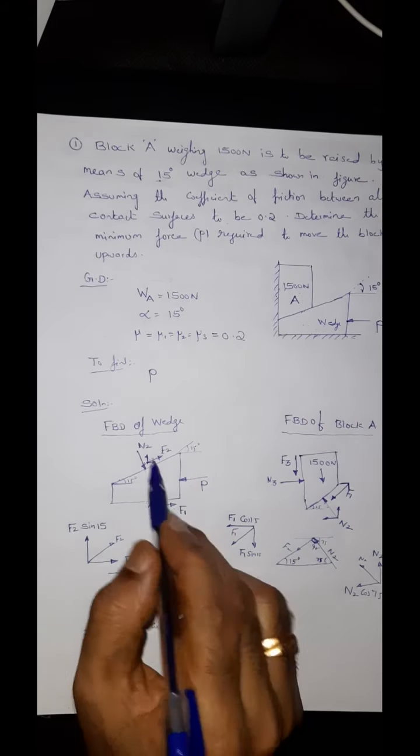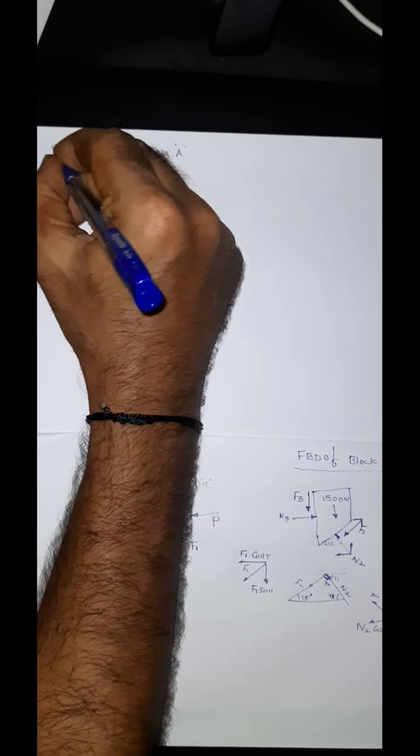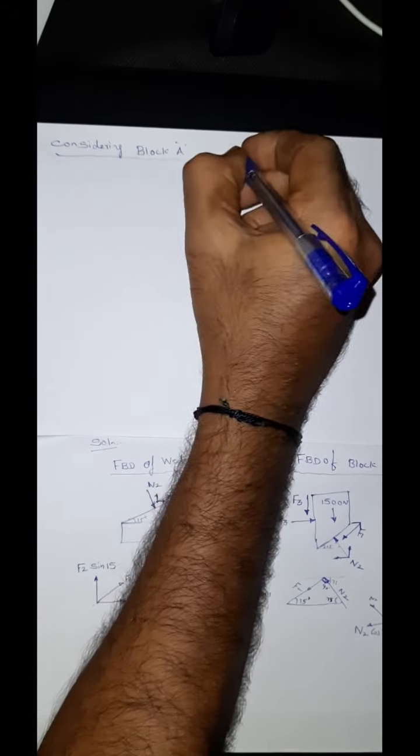So considering block A, applying the equilibrium condition. What are the conditions? Summation H equal to 0, summation V equal to 0, right? I'm going to resolve the horizontal forces first. Summation H is equal to 0.